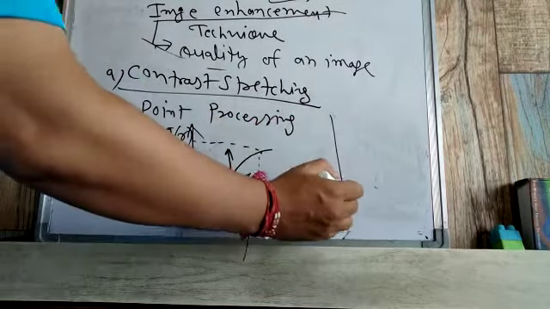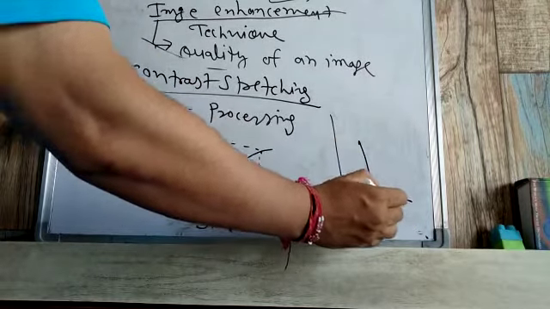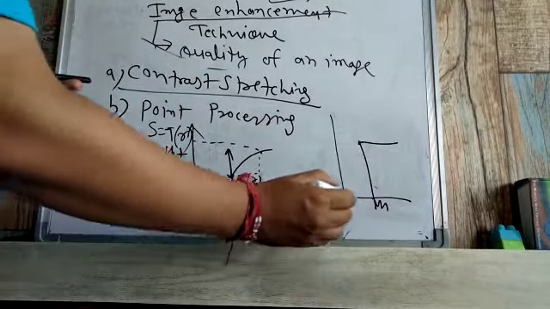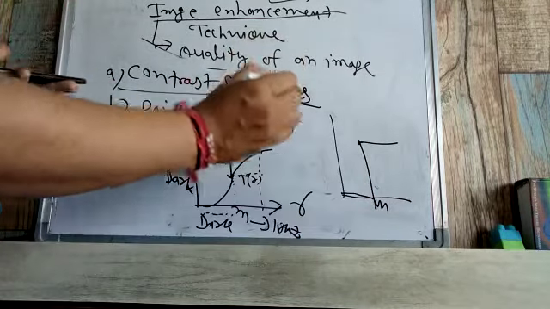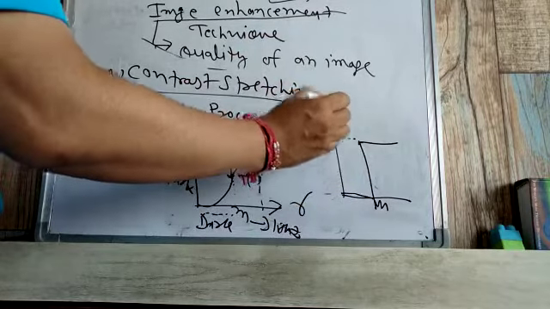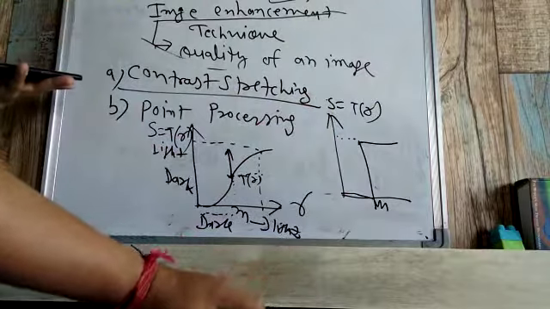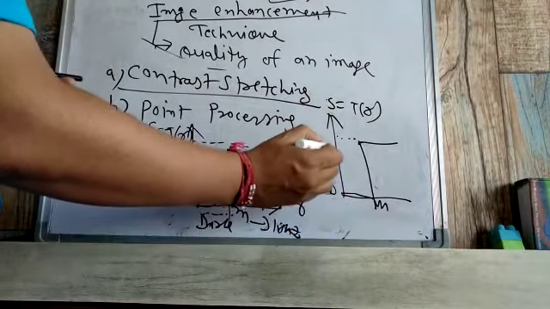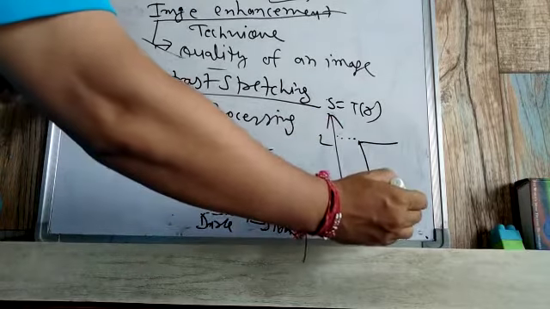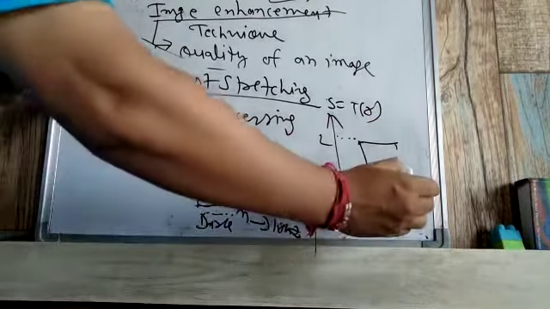In the same way, you have a threshold value M, and beyond that everything is light, and below that everything is black. Clear? So S is equal to T of r, with the dark area here and the light area here, and this point is represented by r.